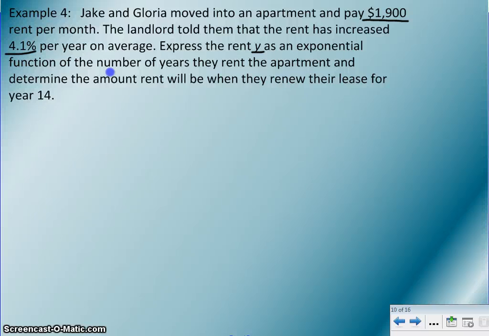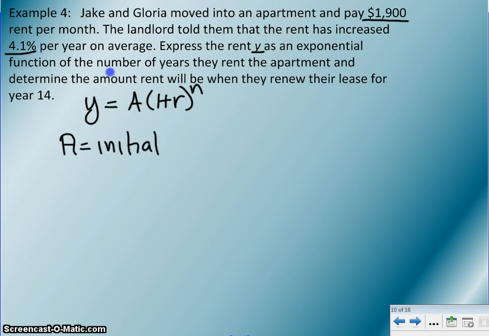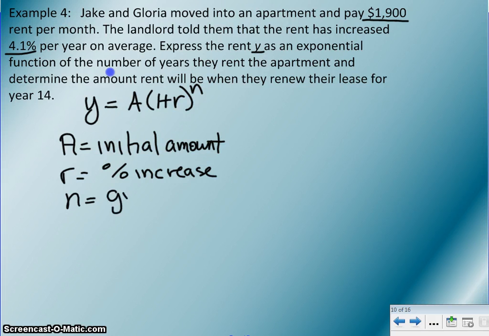Well, the first thing we have to do here is look at our exponential growth formula. And that is Y equals A times 1 plus R to the n power, where A is the initial amount, R is the percent increase, and N is the growth period.